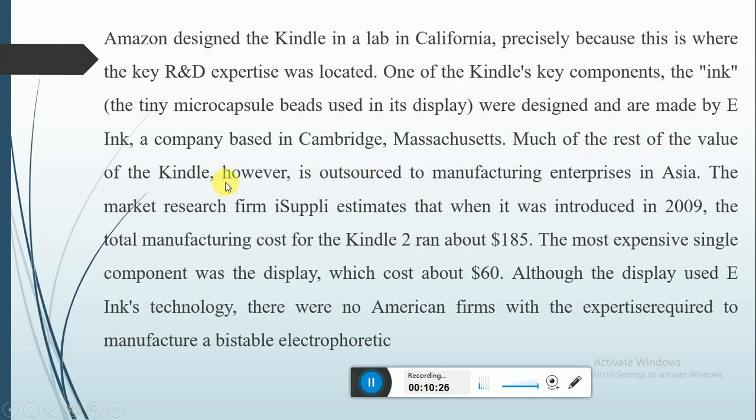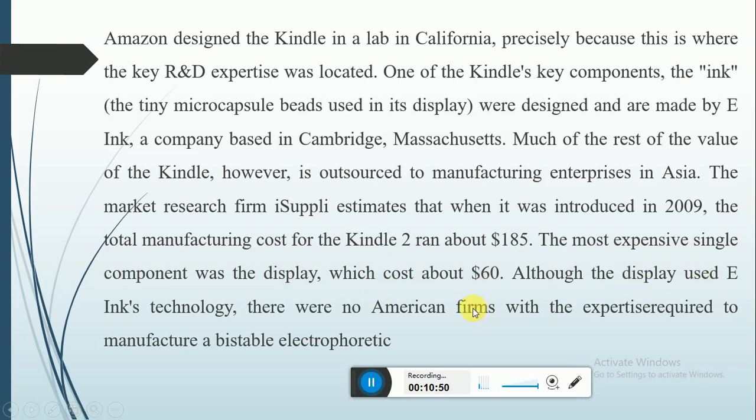Much of the rest of the value of the Kindle, however, is outsourced to manufacturing enterprises in Asia. The market research firm iSuppli estimated that when it was introduced in 2009, the total manufacturing cost for the Kindle ran about $185. The most expensive single component was the display, which cost about $60.